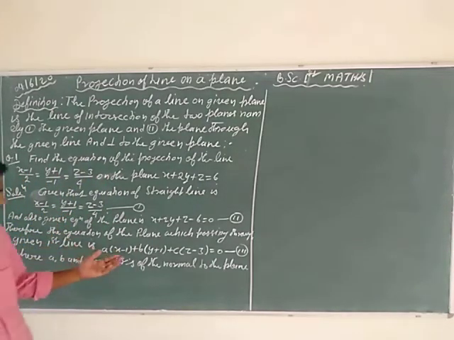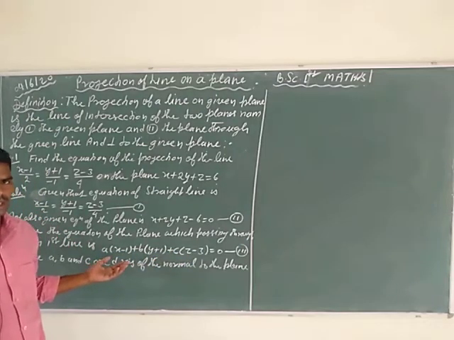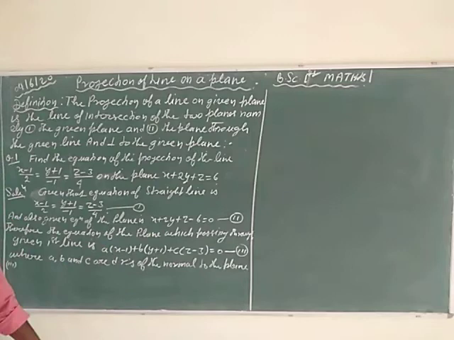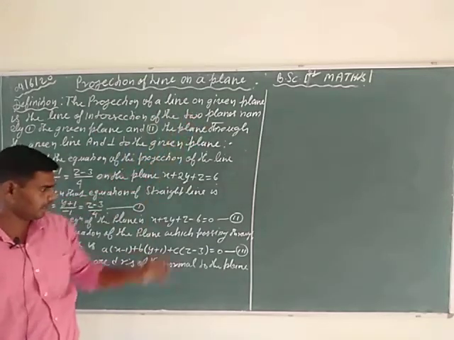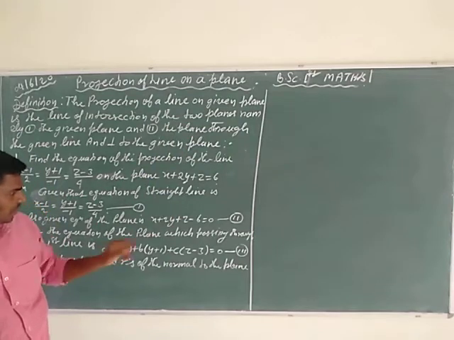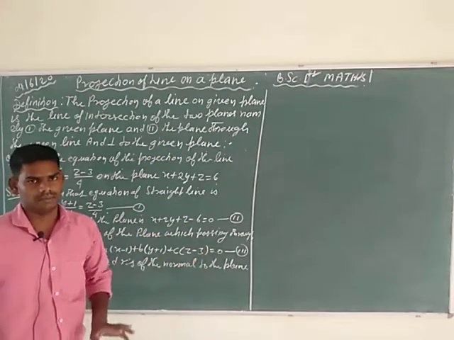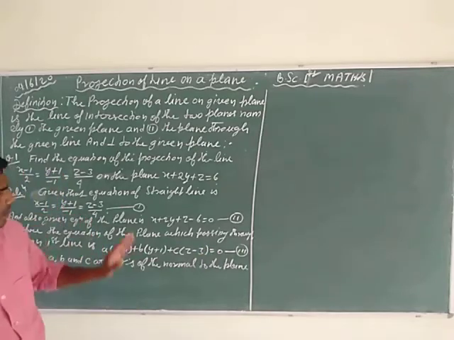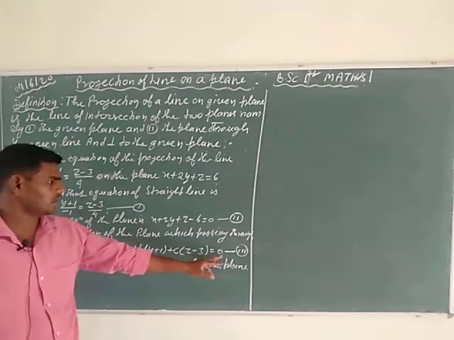If you can calculate this intersecting plane, then the required equation of the line, means the equation of the projection of the line, is x plus 2y plus z minus 6 and equation third. Means in the question we only need to calculate the third equation.